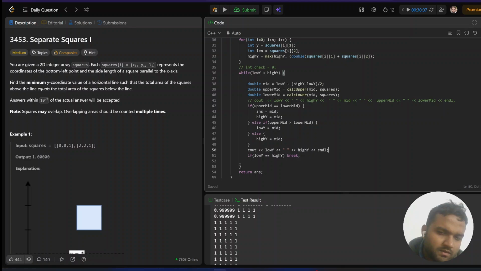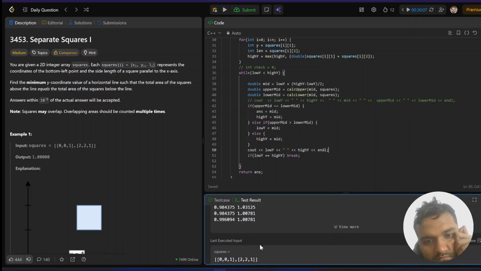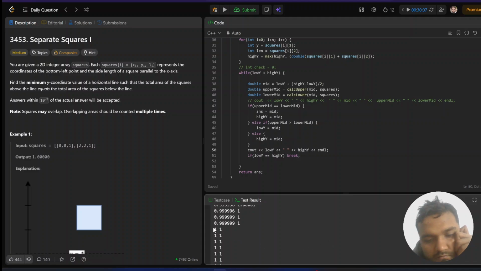I think the compiler is printing the point values. At a point both become equal.